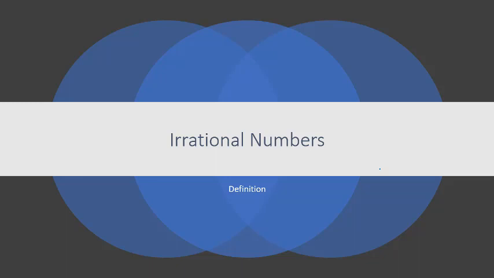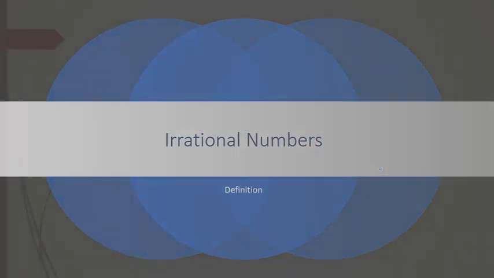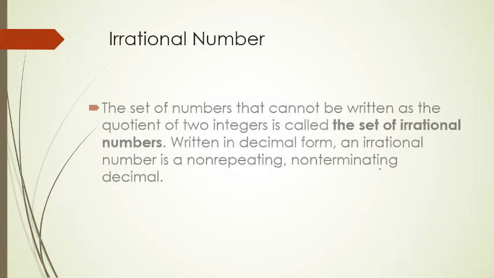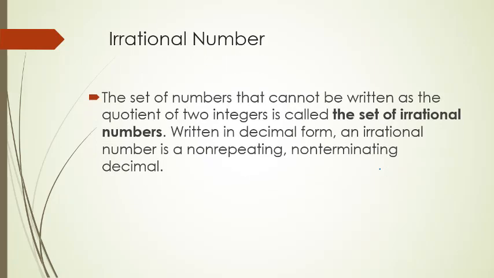Okay, now let's talk about irrational numbers. An irrational number is a number that cannot be written as the quotient of two integers. What does that mean? If you can't write a number as a fraction, then we say that this number is an irrational number.